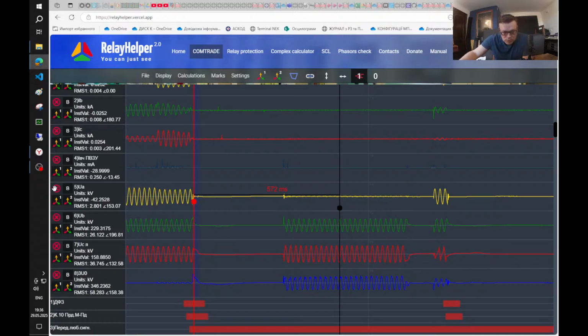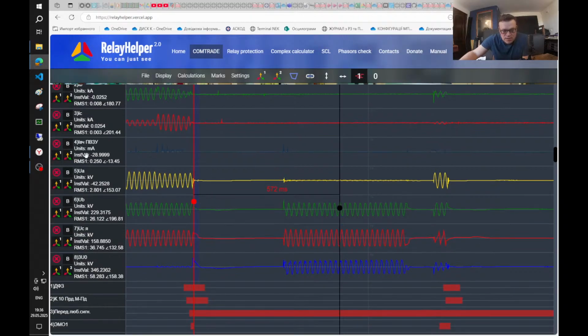So here we can also see that the short circuit was cleared at this point.